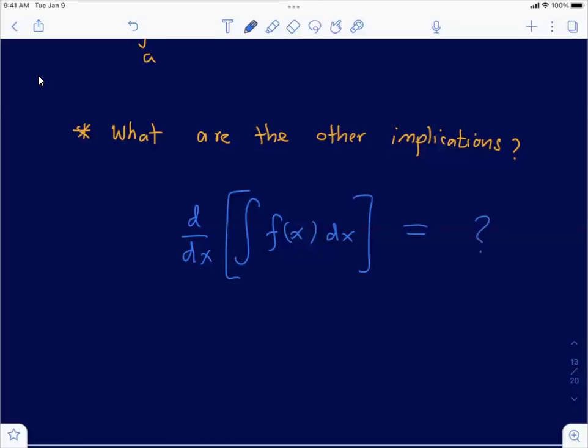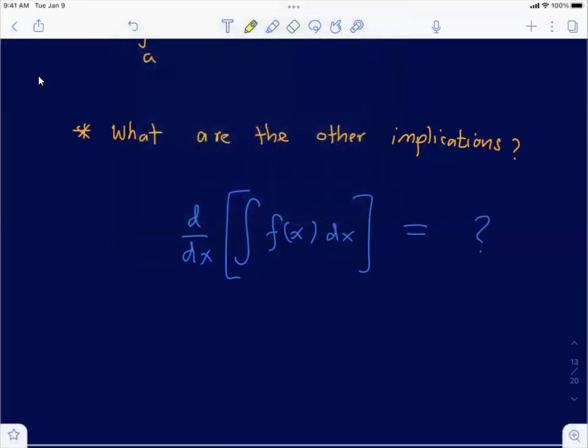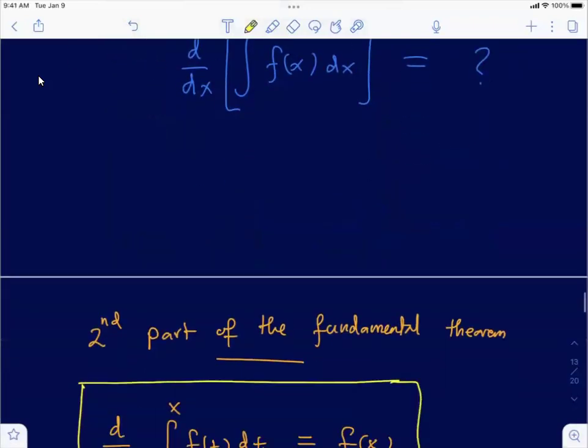Because if this is going to work, then it doesn't really matter which order you put these two operations, the derivative and the integral, they will always act as inverses to each other. That is an amazing result because you can just interact them to recover the original function. Now, does this work? In fact, it does. That is the second part of this amazing theorem, the fundamental theorem of calculus.